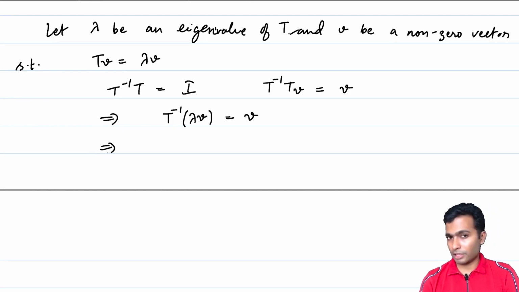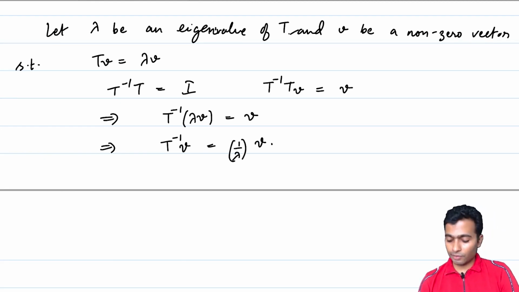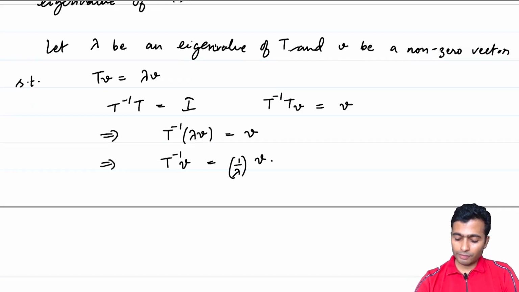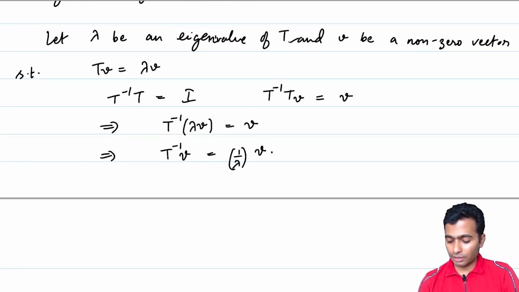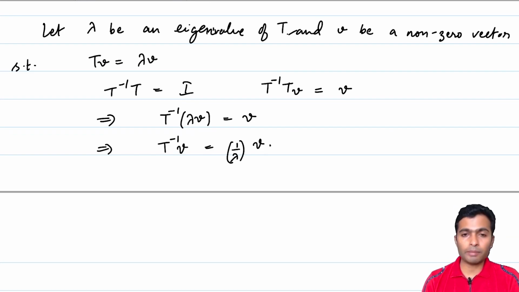Since T inverse is a linear map, lambda can be taken out, and it can also be inverted. I'll put everything together and say that this is 1 by lambda times v. That means that 1 by lambda is an eigenvalue of T inverse, and v is also an eigenvector of T inverse. So what we have proved here just now is that if v is an eigenvector of T corresponding to lambda, then v is also an eigenvector of T inverse corresponding to 1 by lambda.